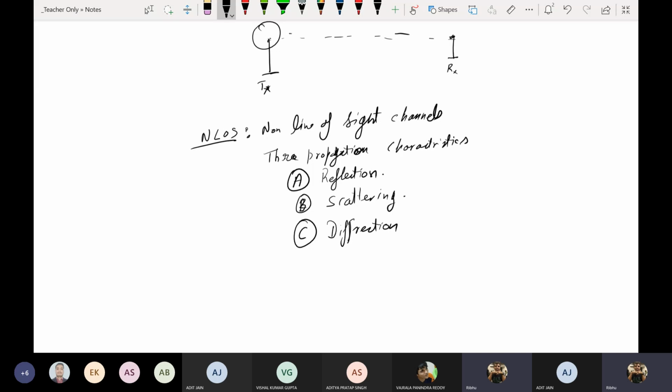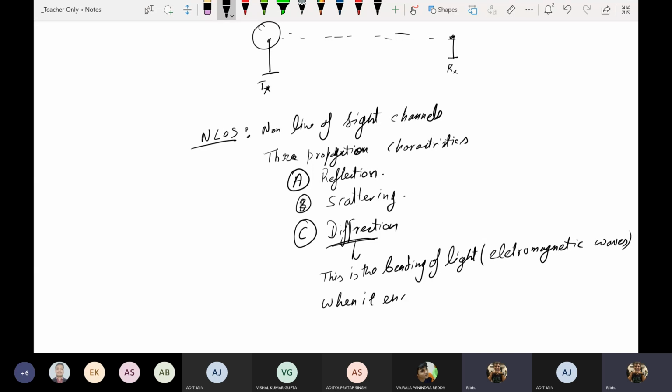So the thing is that bending or diffraction, if you remember from your class 12 physics course, is the bending of light, or electromagnetic waves, when it encounters obstacles that are comparable in size to the wavelength.